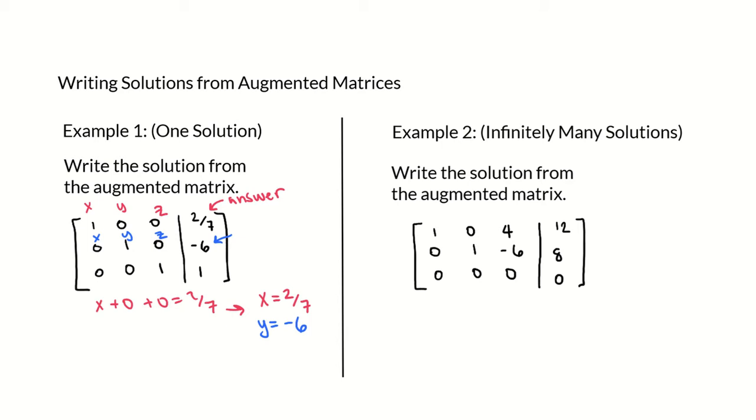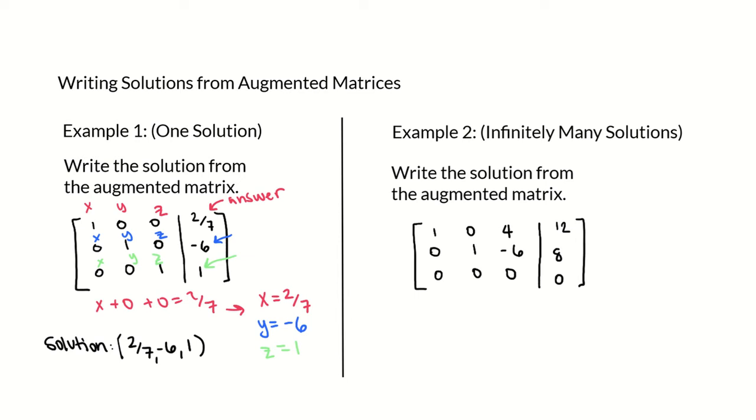And then the third row, x and y coefficients are 0, z coefficient is 1, and the answer is 1, tells us that z is equal to 1. So the solution from this matrix is 2/7, -6, 1 as a coordinate solution.